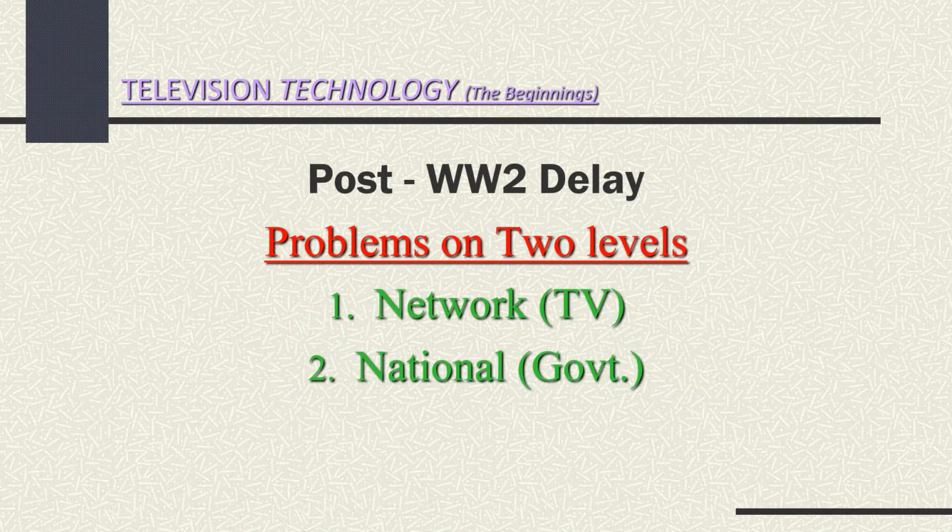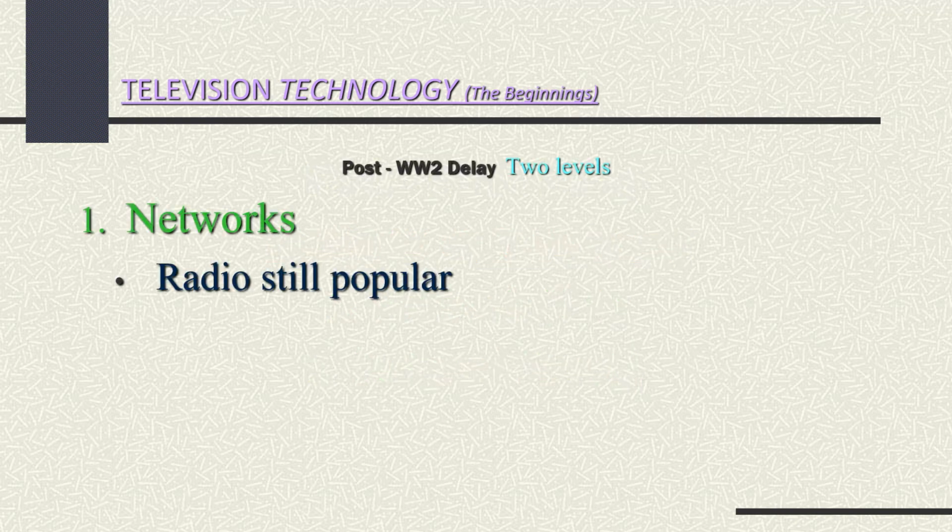After World War II, there were two levels where there were significant problems that needed to be dealt with before television could go into the consumer market and become popular. First, at the network level, radio was still very popular. This was the later part of the 1940s into the 1950s.